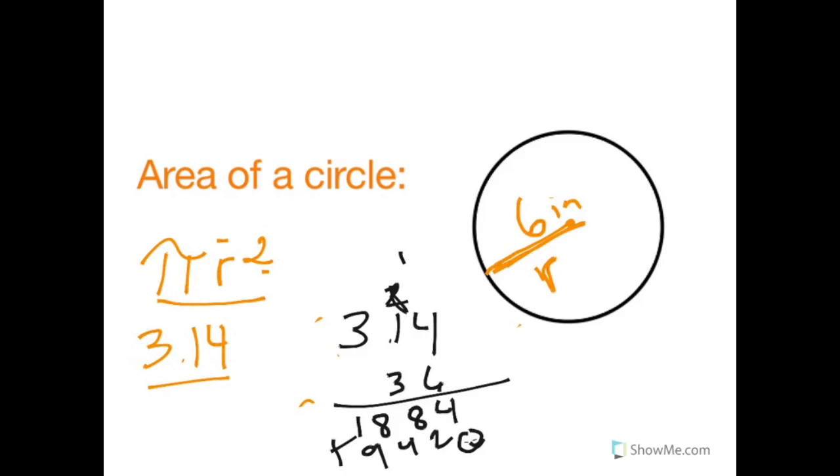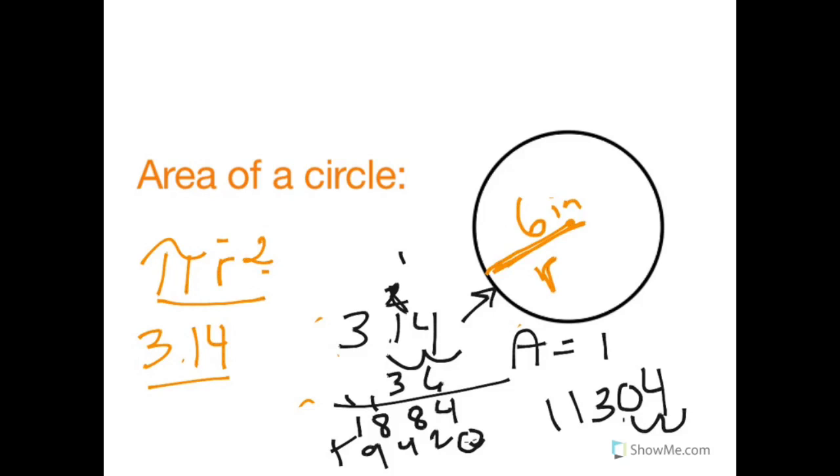I'm going to add 4 plus 0 is 4. 8 plus 2 is 10, carry the 1. 8 plus 4 is 12, plus 1 is 13, excuse me, drop the 3, carry the 1. 9 plus 1 is 10, plus 1 is 11. That's a big number, but remember, I've got 2 decimal places to move. So I move the decimal place 2 times. The area of this particular circle would be 113 and 4 hundredths.